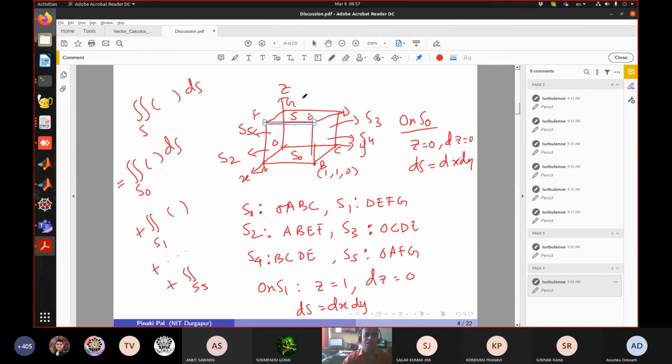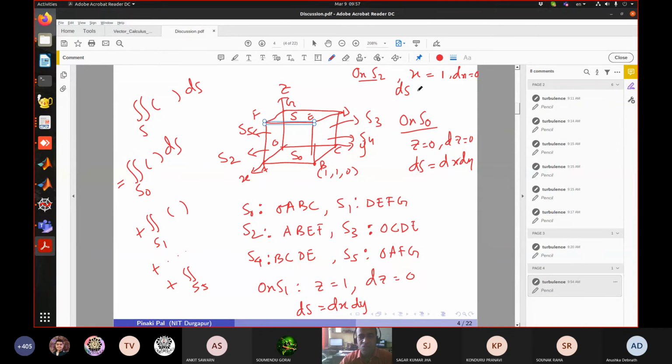So this is how, and then on your S2, what will be the simplification? S2 means which plane? ABEF, the front plane. On this front plane, x is equal to 1, you see, and therefore dx will be equal to 0.